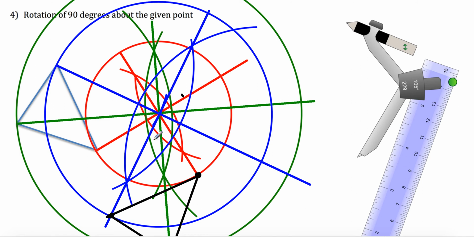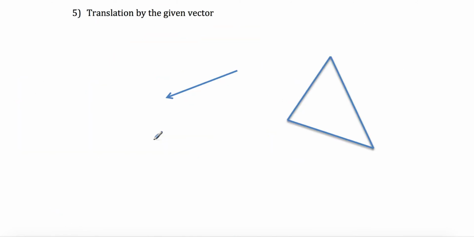Alrighty, so let's look at the next question here. Number 5, same deal. Translate this triangle by this given vector. So we're gonna try to do this one more time.